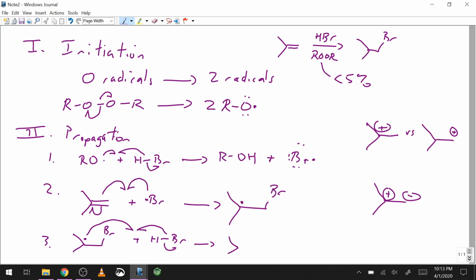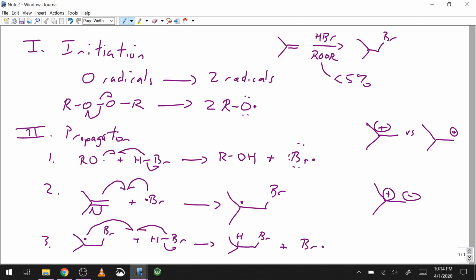This gives me the product. So now I have my bromine on the external carbon, the primary carbon, the hydrogen on the internal one, the more substituted carbon. So this is opposite the version I got in the just straight HBr with no peroxides version. And my leftover is the bromine radical, which feeds back into the second propagation step.